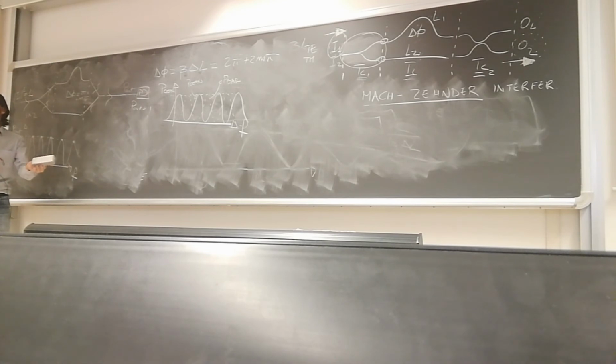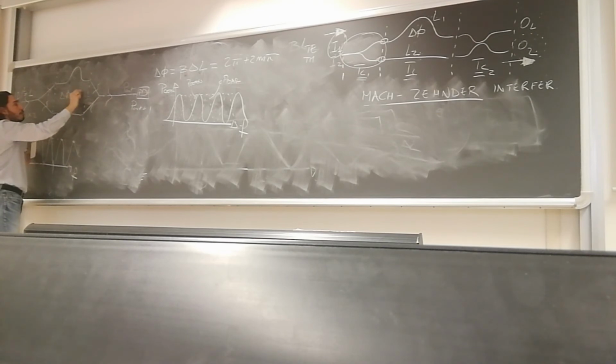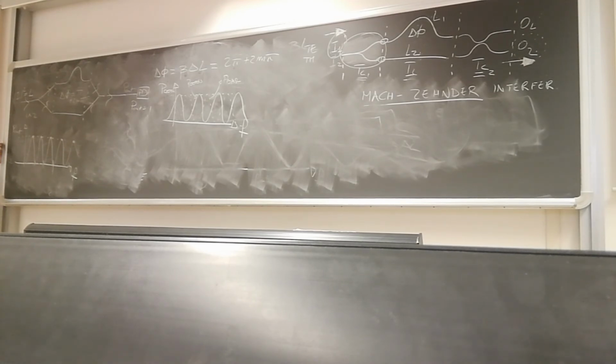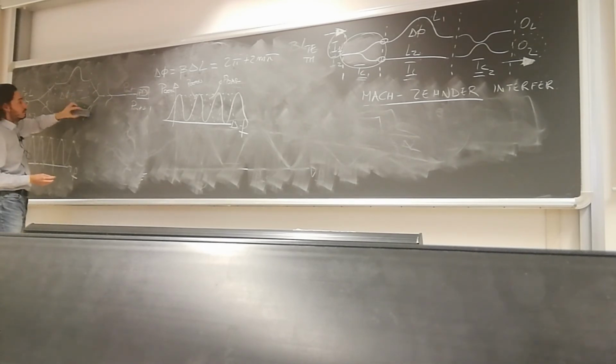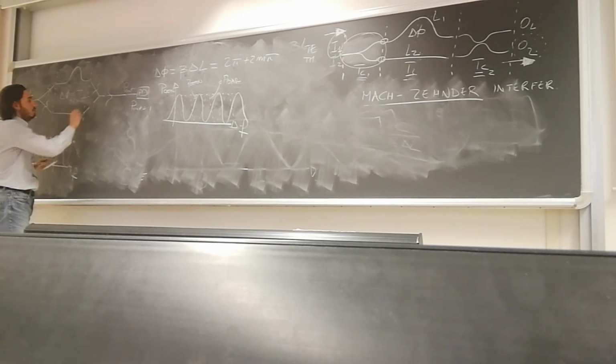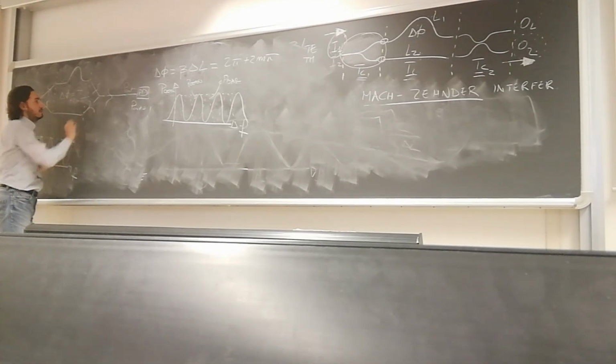Change the frequency, and I go here, or here, or here. That means, in this case, delta phi is pi plus 2 pi. Okay? It means then that one of the two, the relative phase shift that matters, is reversed.